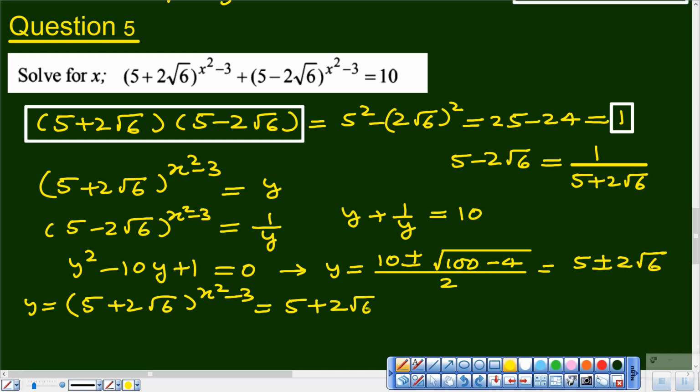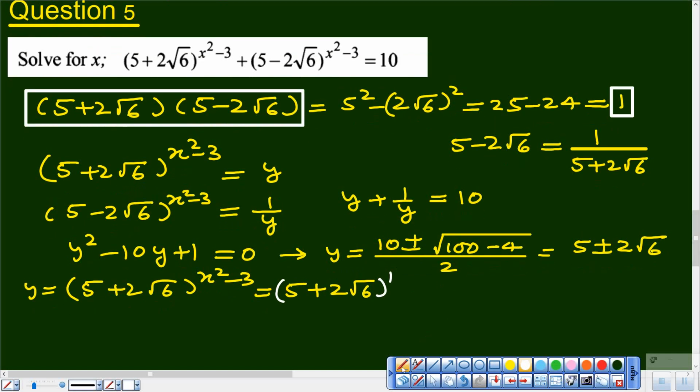Unnecessarily, I can write raised to the power 1, because anything raised to the power 1 is that thing only. If the bases are equal, the exponents will also be equal. And thus you can see that x square minus 3 will be equal to 1. If I equate that, I get x square minus 3 is equal to 1, which implies that two solutions are x is equal to plus minus 2.